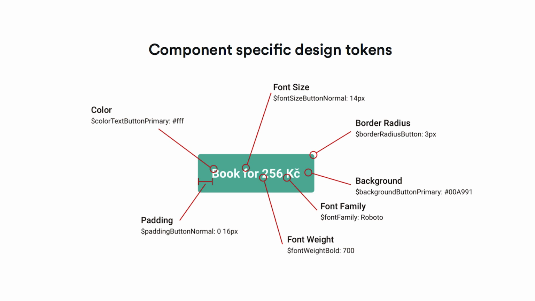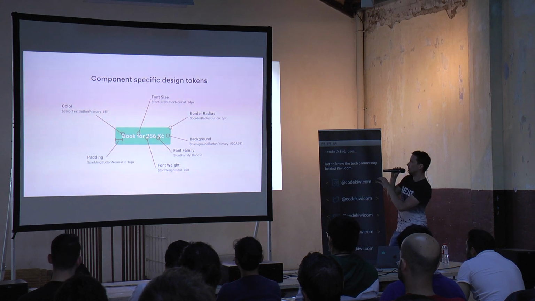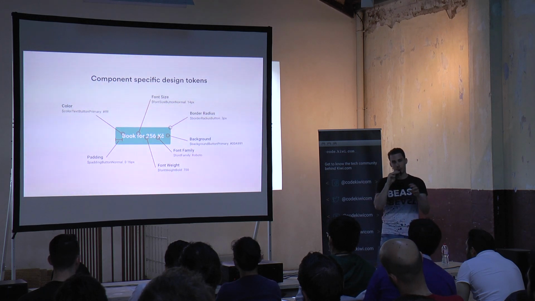But for instance, you can see that we have a font family token and also a font weight bold token. They are just generic tokens. And also we have component-specific tokens, so we can change the button easily from one place.